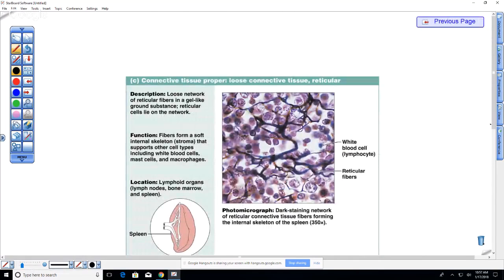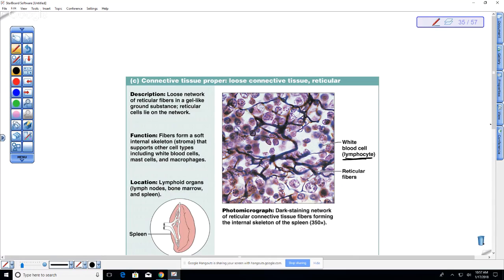So this is a diagram of the connective tissue that is found in the spleen. Notice that you have the branching reticular fibers that create a network for the cells to reside in. And one of the things that is found in the spleen are white blood cells. And those blood cells are important in breaking down the red blood cells.